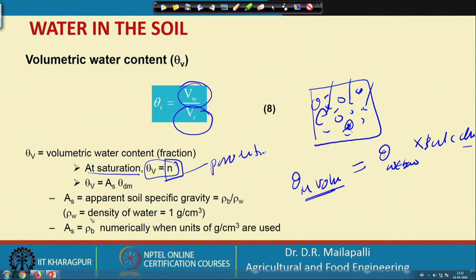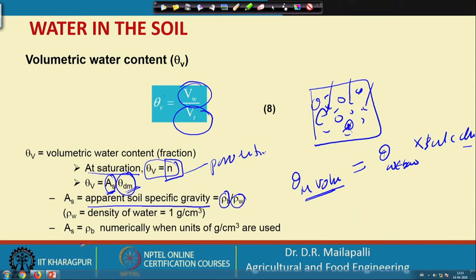So here also, theta v, which is A s into theta dm, where dm is the dry basis soil moisture content, multiplied with the apparent soil specific gravity. Soil specific gravity is equal to the bulk density of the soil divided by the density of water.